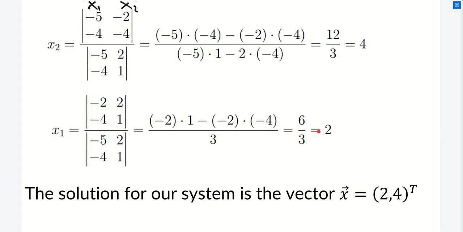Then the same thing here. Here is also column 1, column 2, right? If you want to find x1, we replace the whole column 1 by our B, and we can go ahead and find that. So the answer is 2, 4. So what is the implication?